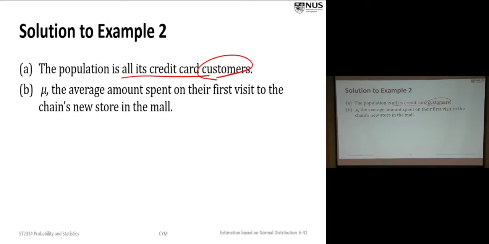And we also have to specify it is the first time that they use the credit card, how much they spend. So maybe the first time they trial, they spend $5. Subsequently, they may spend $5,000. But we're only interested in the first. Everyone considers their first time that they used it.